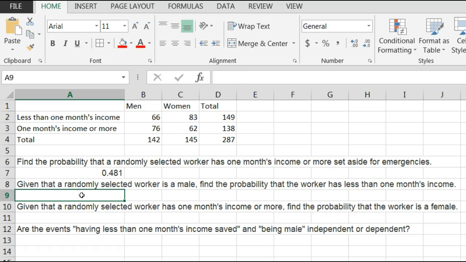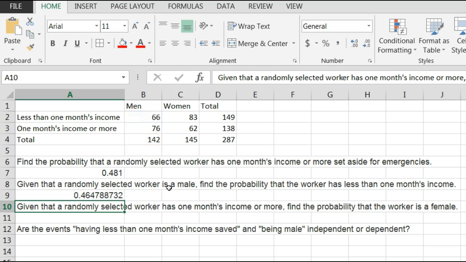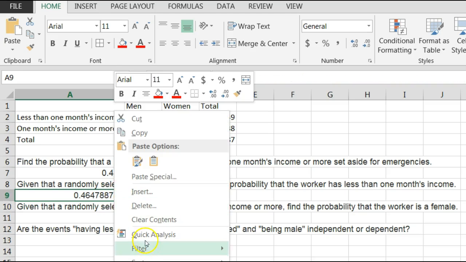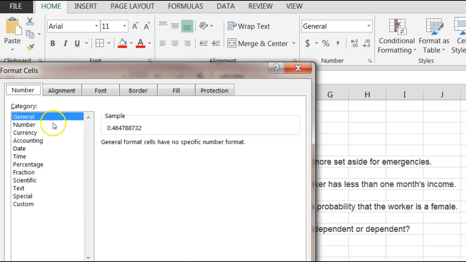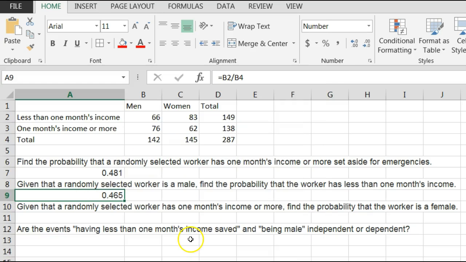So this will be equal to those men who have less than 1 divided by just the total number of men, because it says given that a randomly selected worker is male. So I'm only dealing with the 142 men. My answer is 0.464788. Let's round that. Format cells, number, 3 decimal places. Okay, 0.465 is my answer.